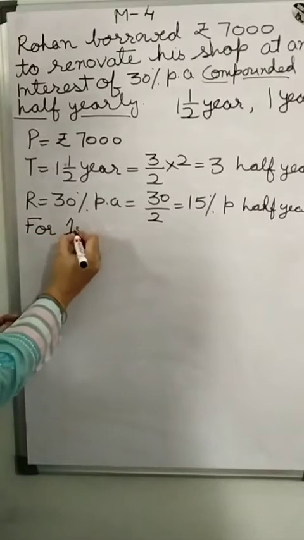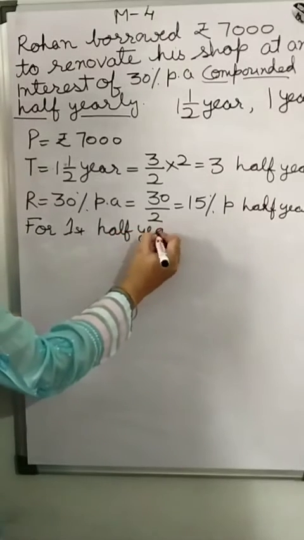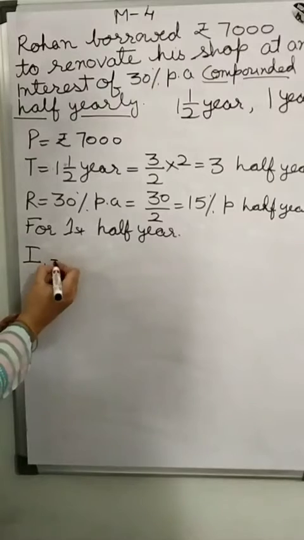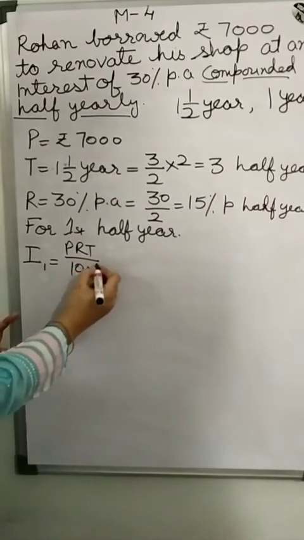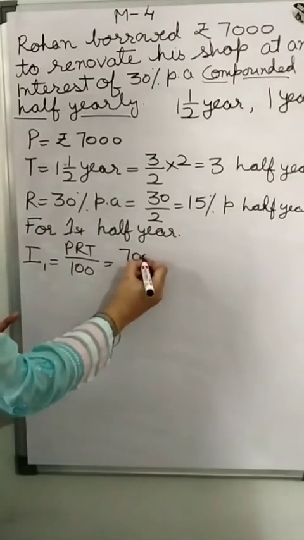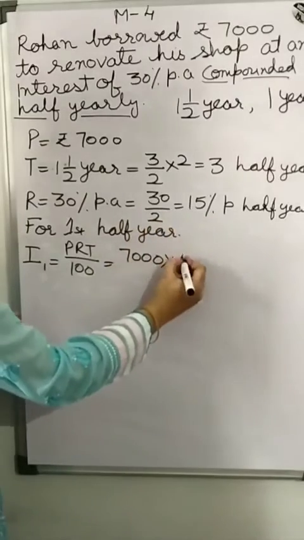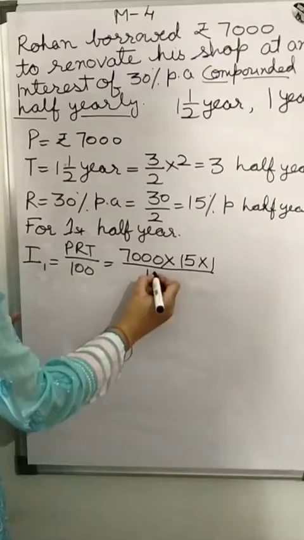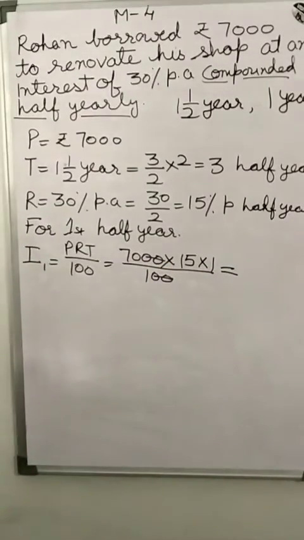Now for the first half year, again the same formula, SI is equal to PRT upon 100, that is 7000 into R is equal to 15, into 1, upon 100. Now cut them and you will get the answer.